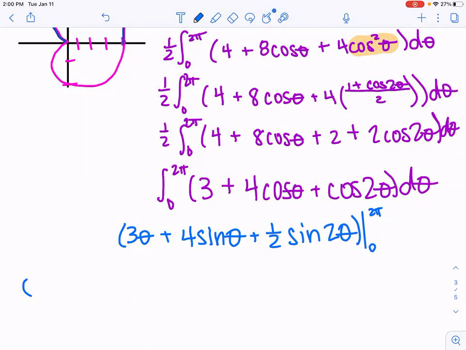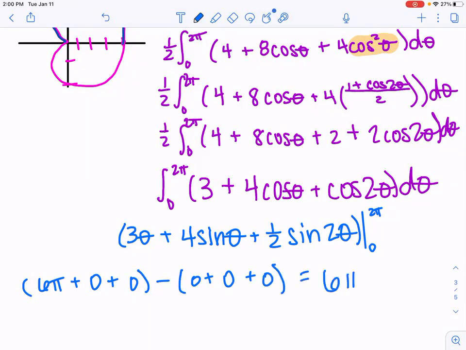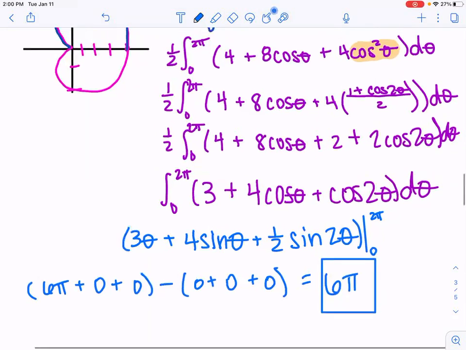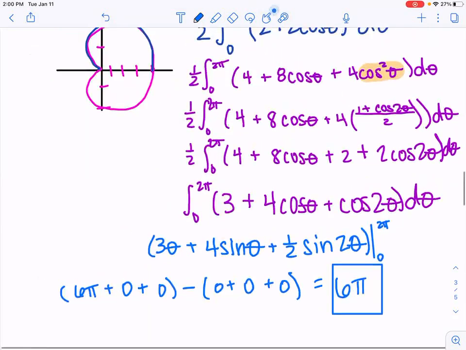So when I throw in 2 pi, we get 3 times 2 pi plus 4 times the sine of 2 pi plus 1/2 times the sine of 4 pi, minus 3 times 0 plus 4 sine of 0, plus, yep. So the area inside this cardioid is 6 pi units squared.